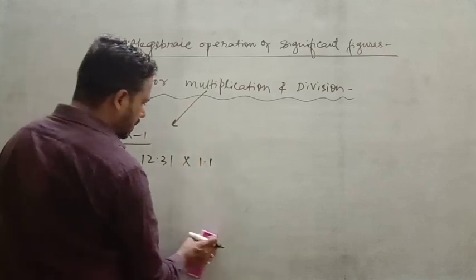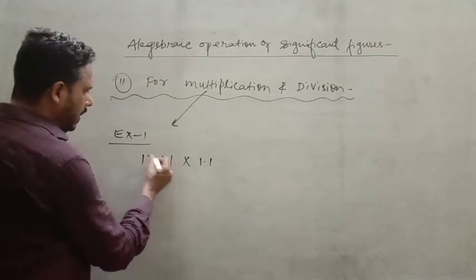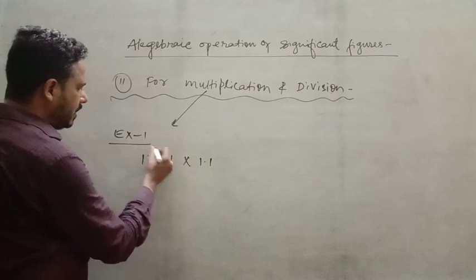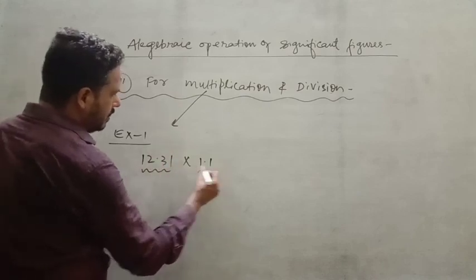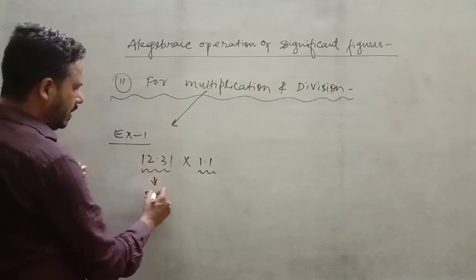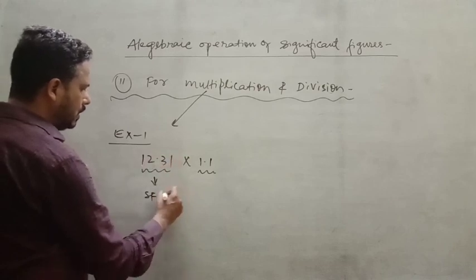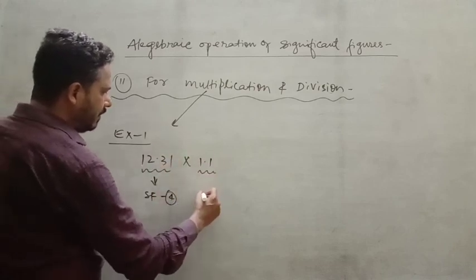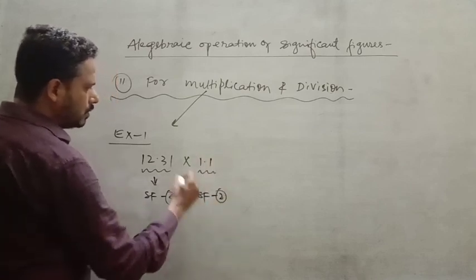Okay. So you see here the number of significant figures, here and here. Here your number of significant figures are 1, 2, 3, 4. This one is 4, and here the number of significant figures is 1, 2. So there is 2. So first you multiply this one.